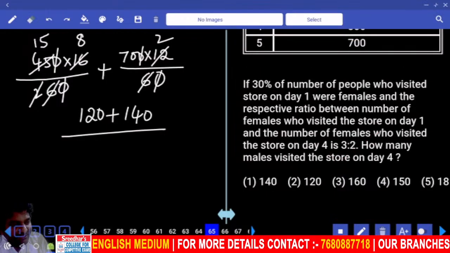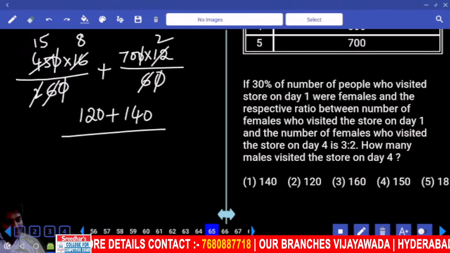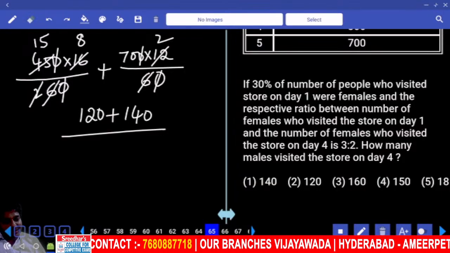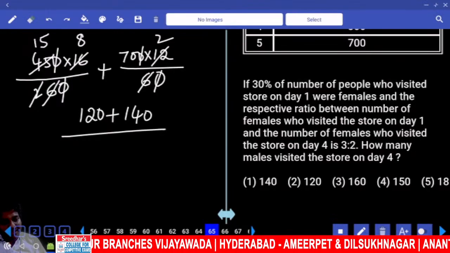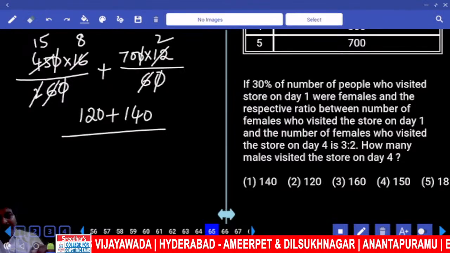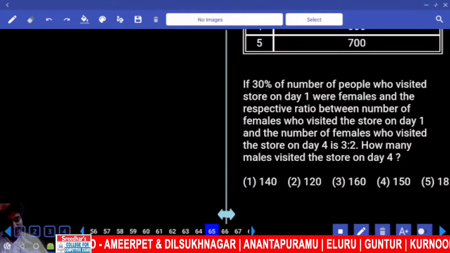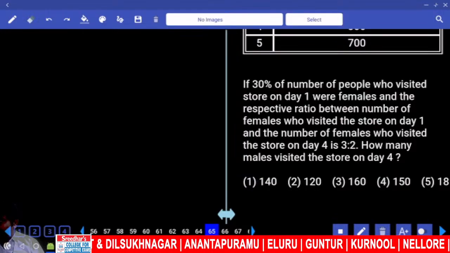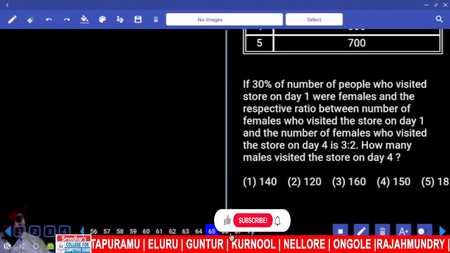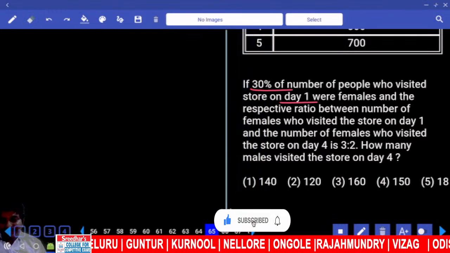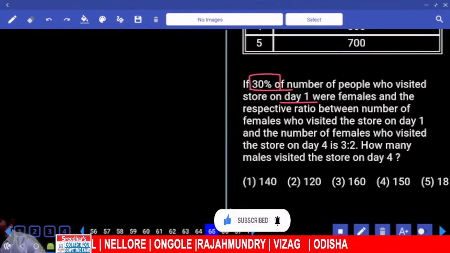If 30% of the number of people who visited the store on day 1 were female, and the respective ratio between the number of females who visited the store on day 1 and that of females who visited the store on day 4 is 3:2, then how many males visited the store on day 4? See, you don't have to calculate male, female everywhere. On day 1, what percent are female? 30% calculated on which number?